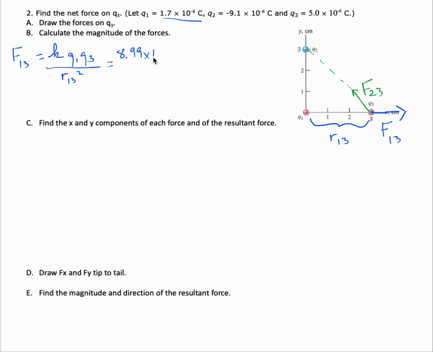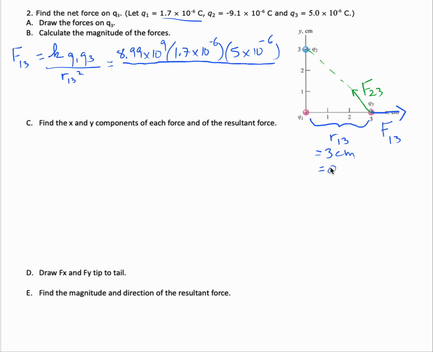8.99 times 10 to the 9 for Coulomb's constant. And for the charges, we're just going to put the magnitude of the charge. We don't care about the negative signs because we already know the direction of the forces. We've already drawn the direction. So Q1 is 1.7 times 10 to the negative 6 coulombs. Q3 is 5 times 10 to the negative 6 coulombs. We're going to divide by that distance, which we can see from the axes here is 3 centimeters, which we are going to convert to meters.